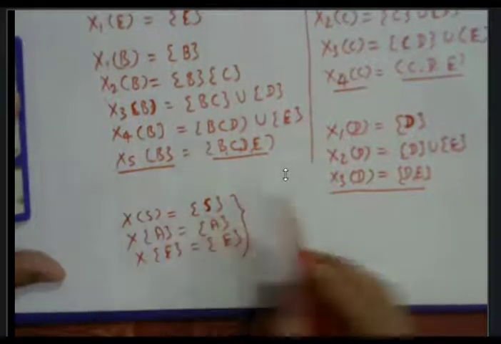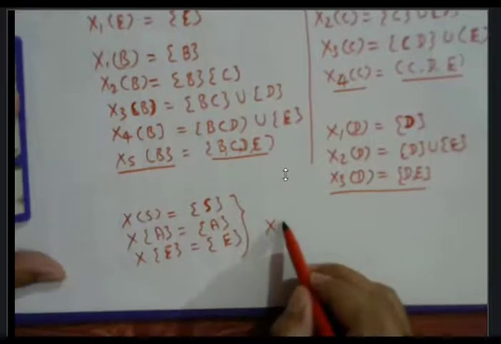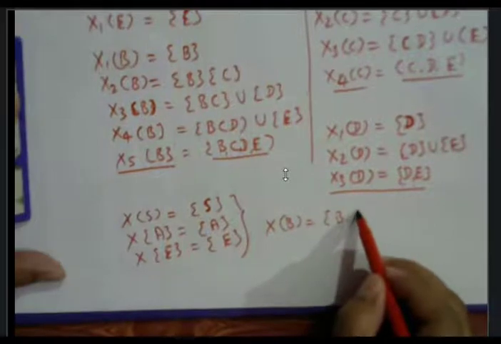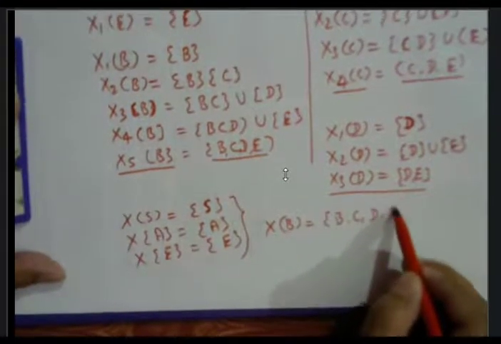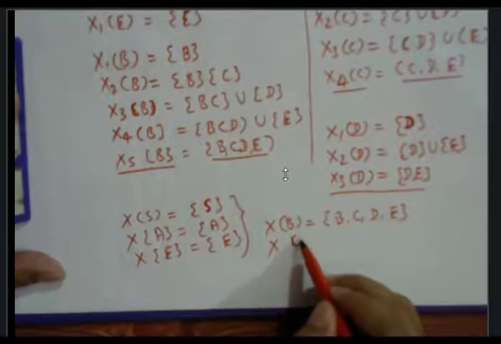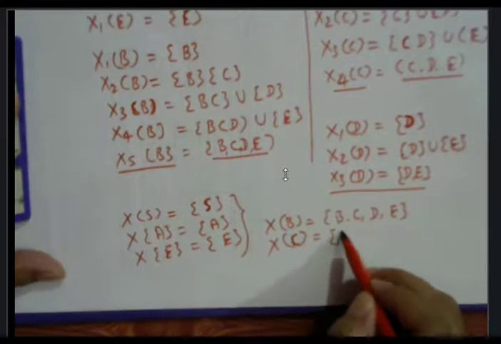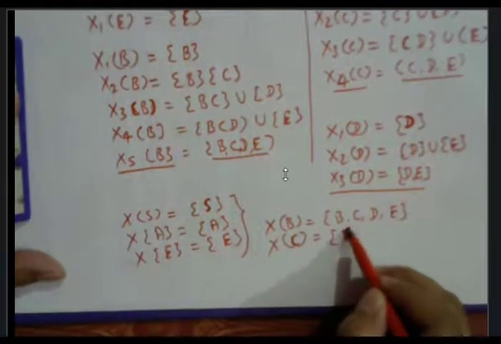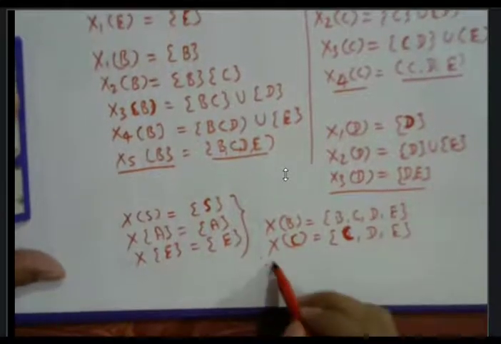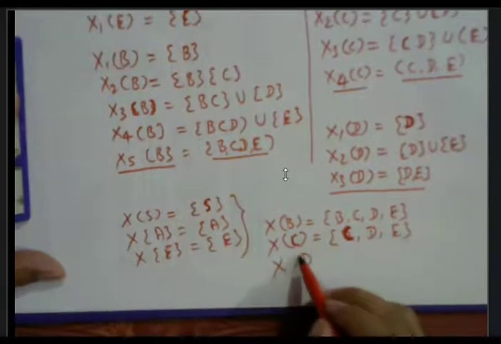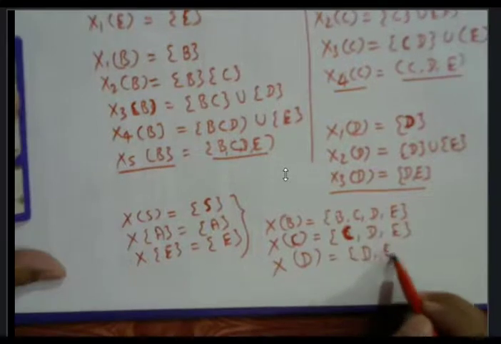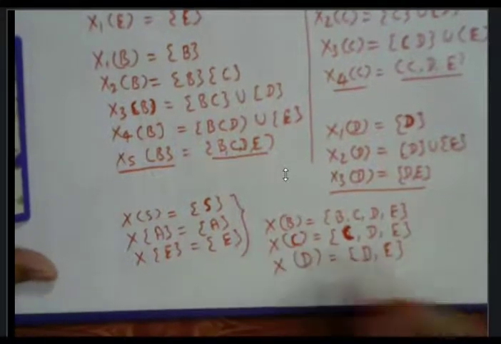The x of B is equal to B C D and E. Similarly, the value of C is C D E, and the value of D is D and E. These are the unit productions.